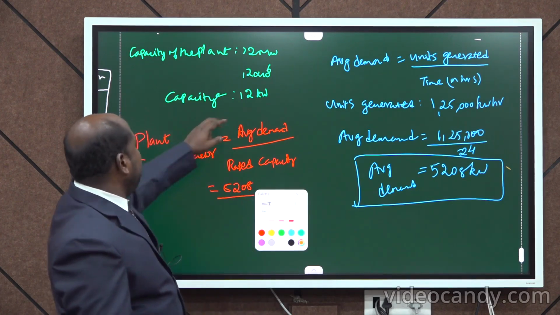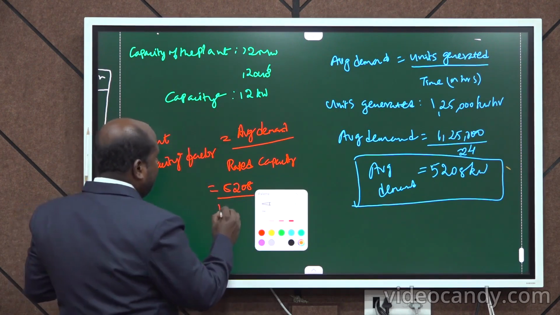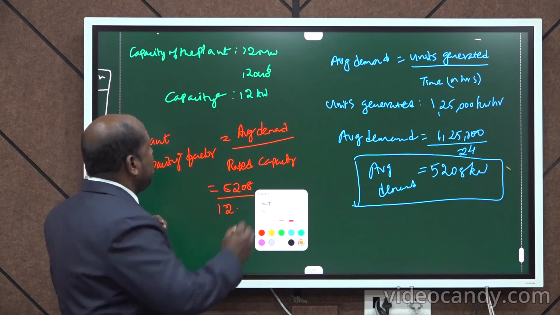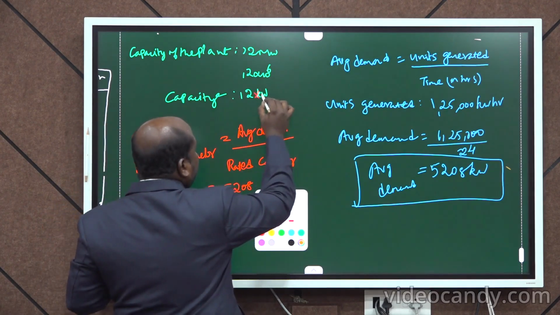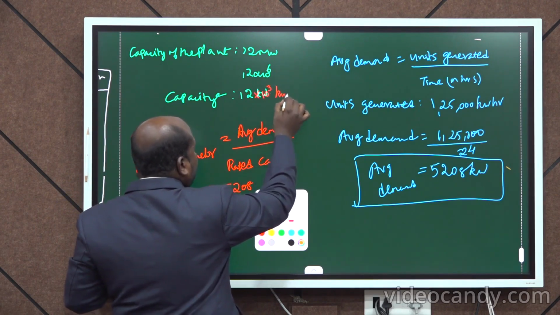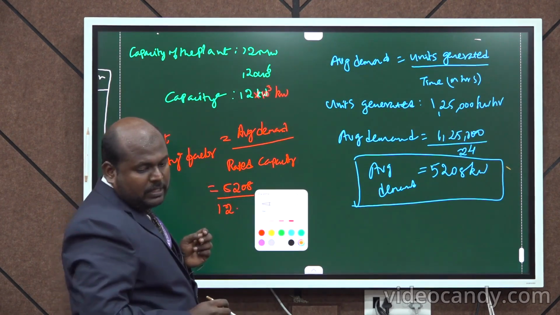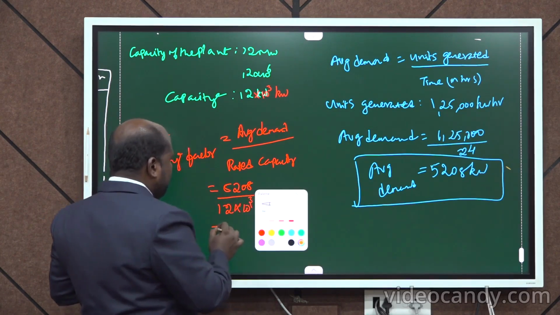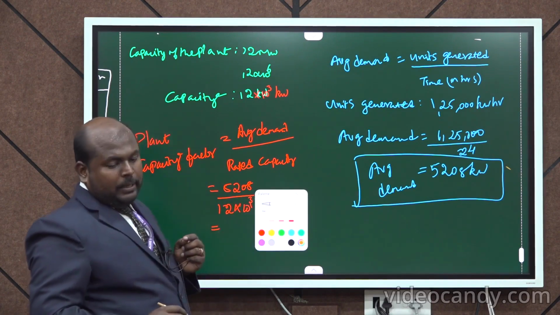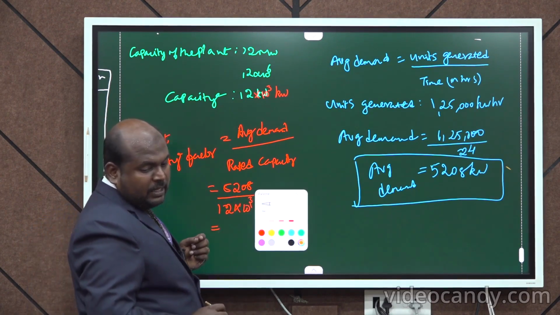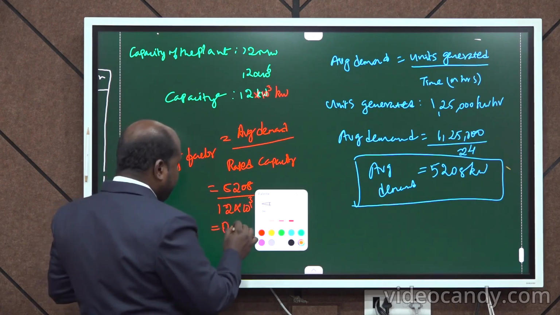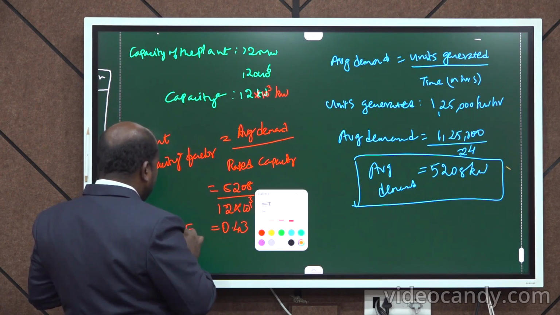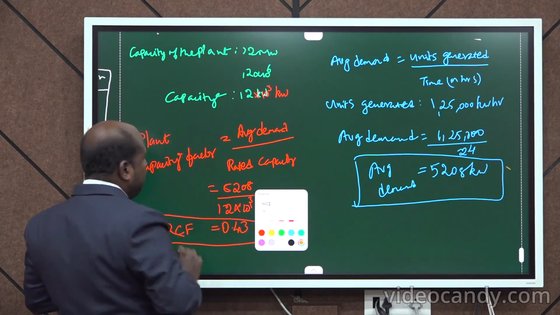I obtain that value as 12 into 10 to the power 3 kilowatt. So overall I obtained the plant capacity factor as 0.43. Thus I obtained the plant capacity factor, PCF.